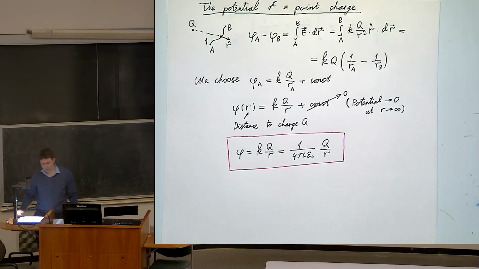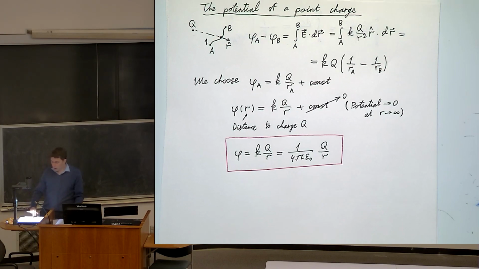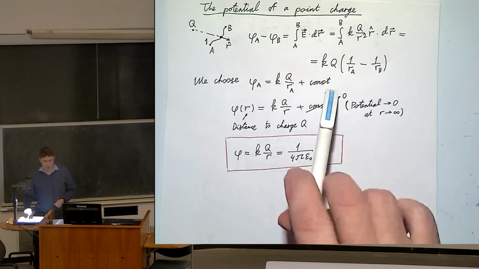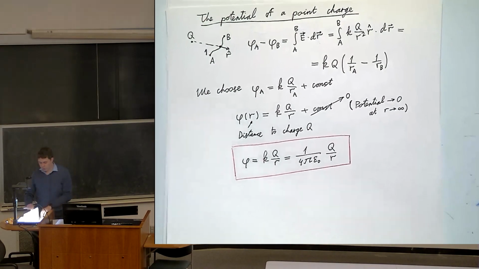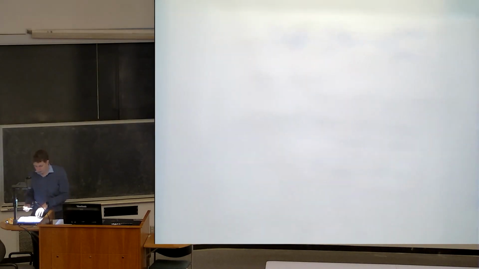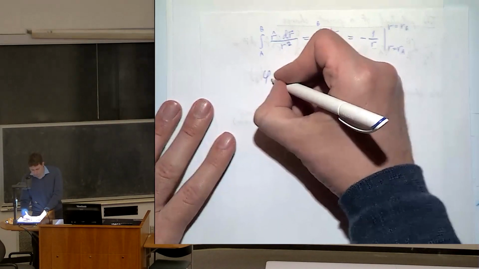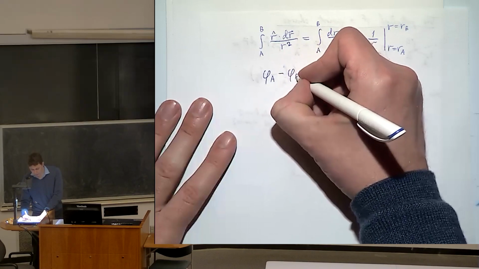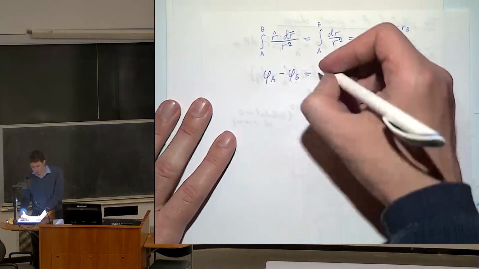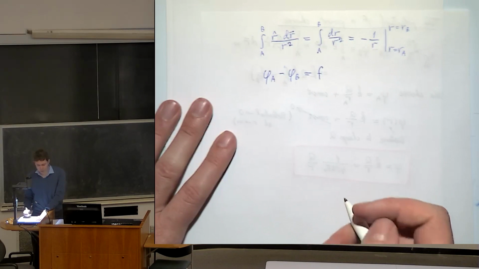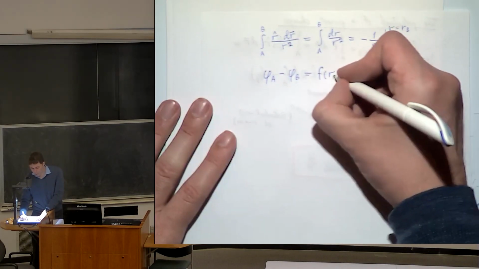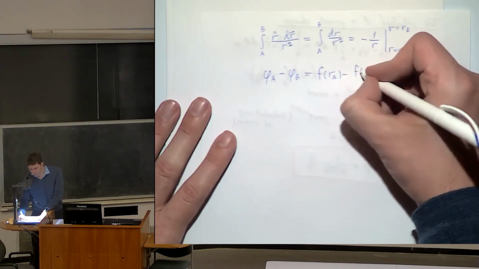So when we take the integral and find that solution, why do we jump to then choosing phi A equals KQ over RA plus a constant? When we arrive at this expression, what we see is that it has the form phi A minus phi B equals some function, let's call this function f, f of Ra minus f of Rb.